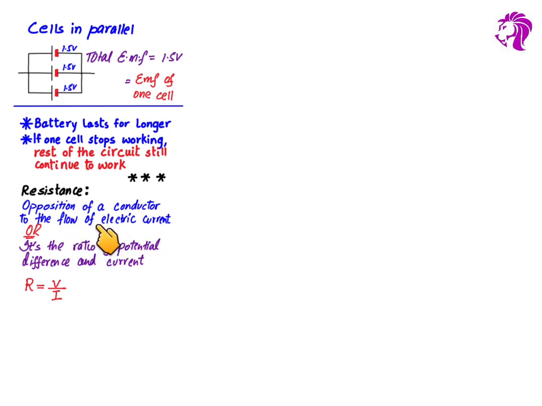So resistance is the opposition of a conductor to oppose the flow of electric current. Now you might be thinking, why do we need to limit the electron flow?